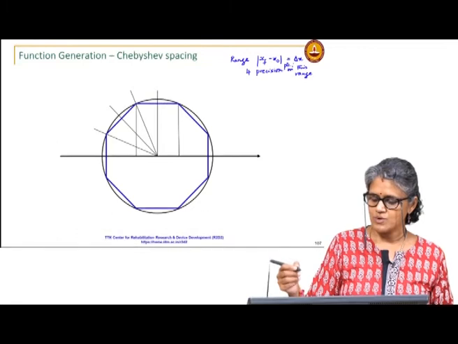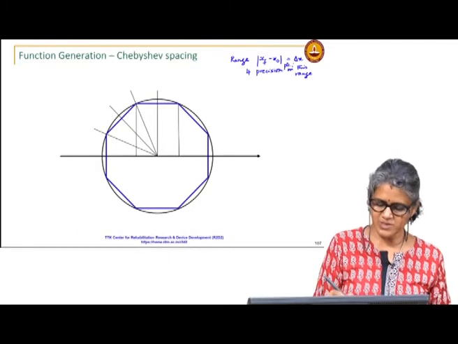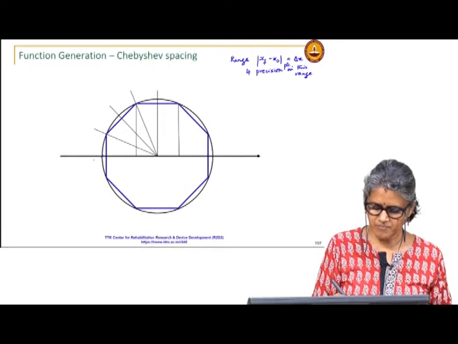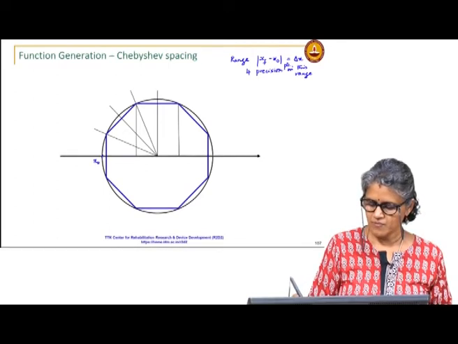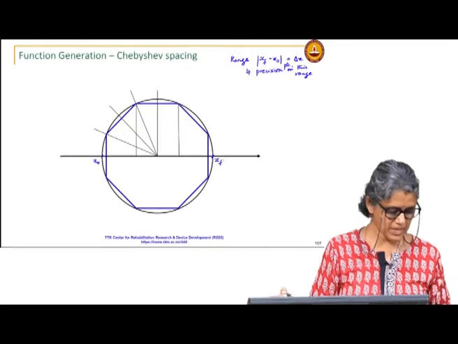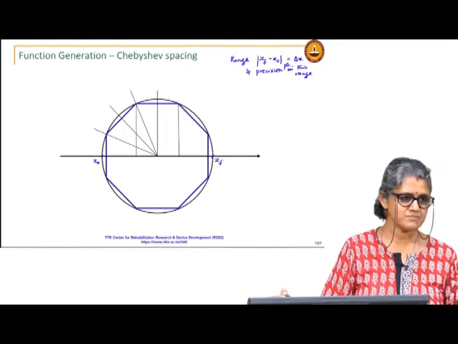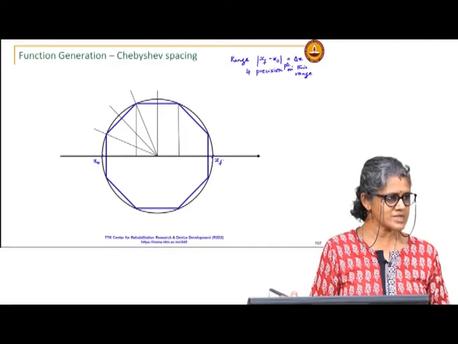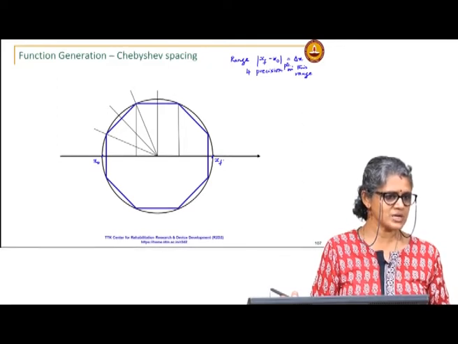So the first thing we do is draw a circle with diameter proportional to the range, not necessarily equal.